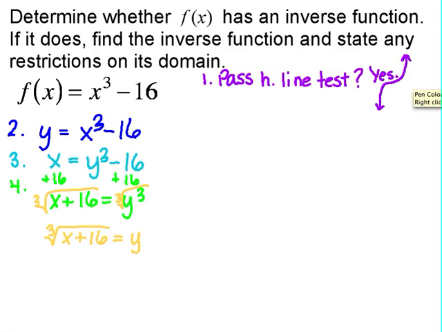Okay, so then the final step is going to be to replace y with f inverse, that notation. And now I need to state any restrictions on the domain. So I need to think, are there any values of x that will not work on this one?